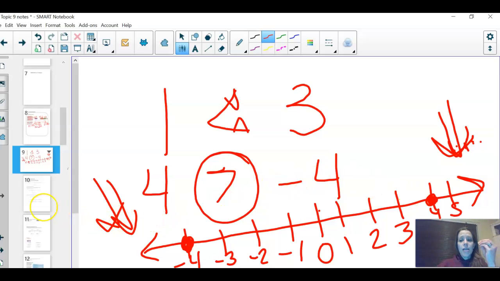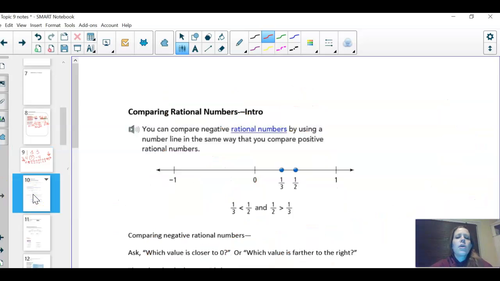Okay, ready? Make sure you're using your strategies for this. Take deep breaths. Check your notes, okay? Tú necesitas respirar y necesitas buscar tus notas, okay? So let's start with this right here. Comparing rational numbers. Remember that a rational number is integers and fractions and decimals that end, okay?